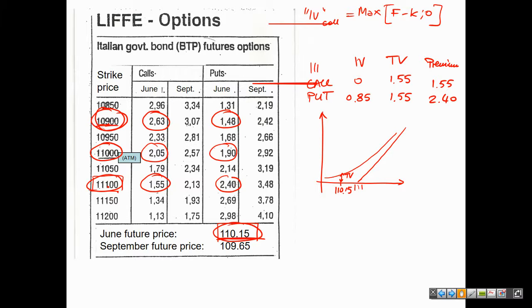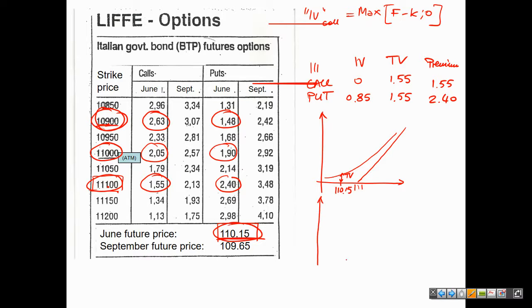What is the time value pricing here? It is pricing the risk-neutral probability that the price can move from 110.15 to a value larger than 111. Is that okay? That's what lies behind the time value here.